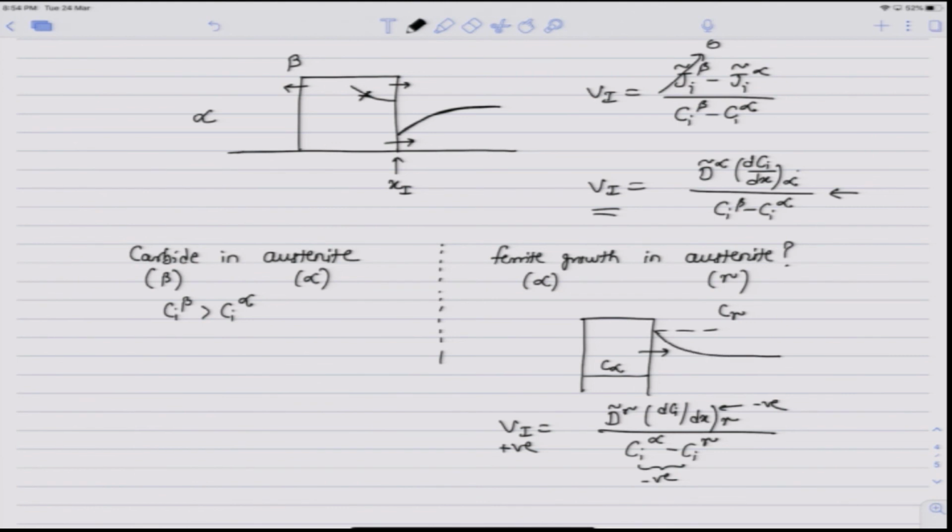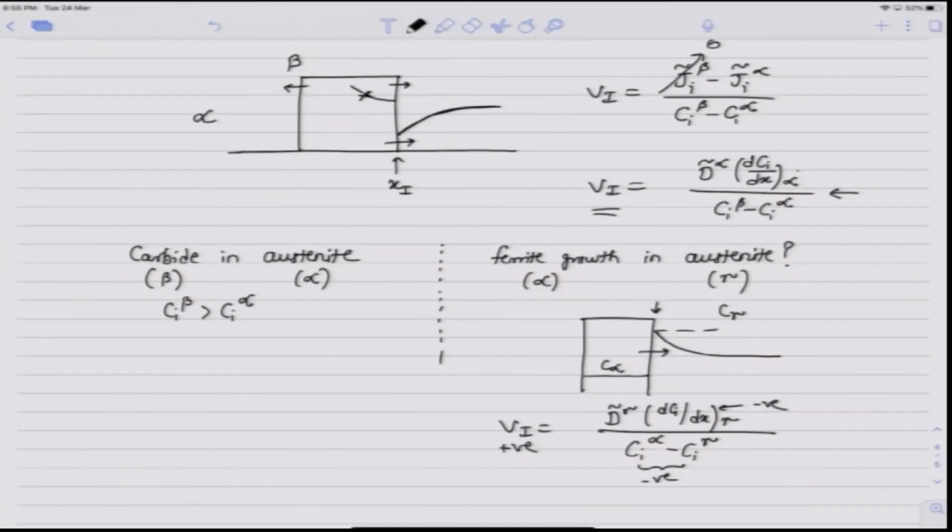Negative gradient, which is also understood again physically, because ferrite has much lower carbon concentration than austenite, and hence when the ferrite is growing in austenite, the excess carbon has to be rejected into the matrix, and therefore the negative gradient will be developed with respect to this interface here.